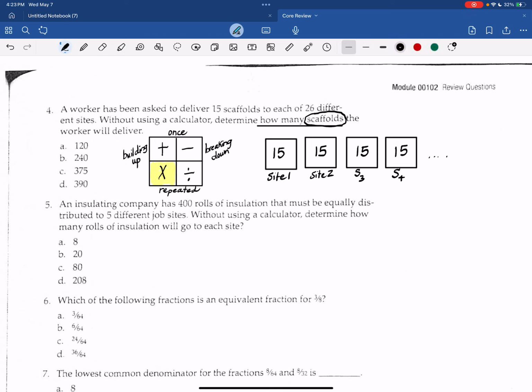So to set it up, you would say 26 sites times 15 scaffolds. And here we're ready to solve. So that's 30. 5 times 2 is 10, plus 3 is 13. 1 times 6 is 6, and 1 times 2 is 2. You add the partial products to get 390. 390 what?